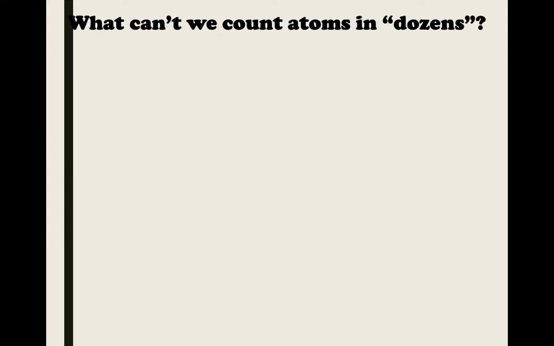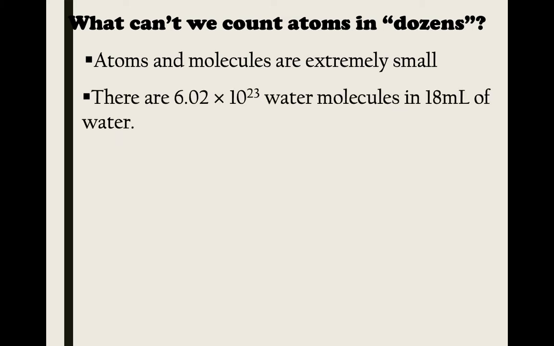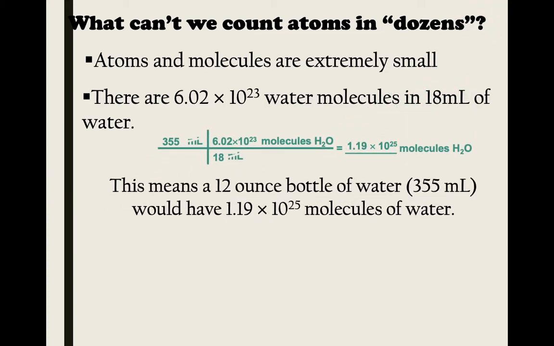Now, in chemistry, we don't use a dozen to count atoms and molecules because they are extremely small. For example, in 18 milliliters of water, there are 6.02 times 10 to the 23rd molecules. This is a number that is not possible for you to comprehend how big and how large it is. If you had a 12-ounce bottle, this is how many molecules it would be.